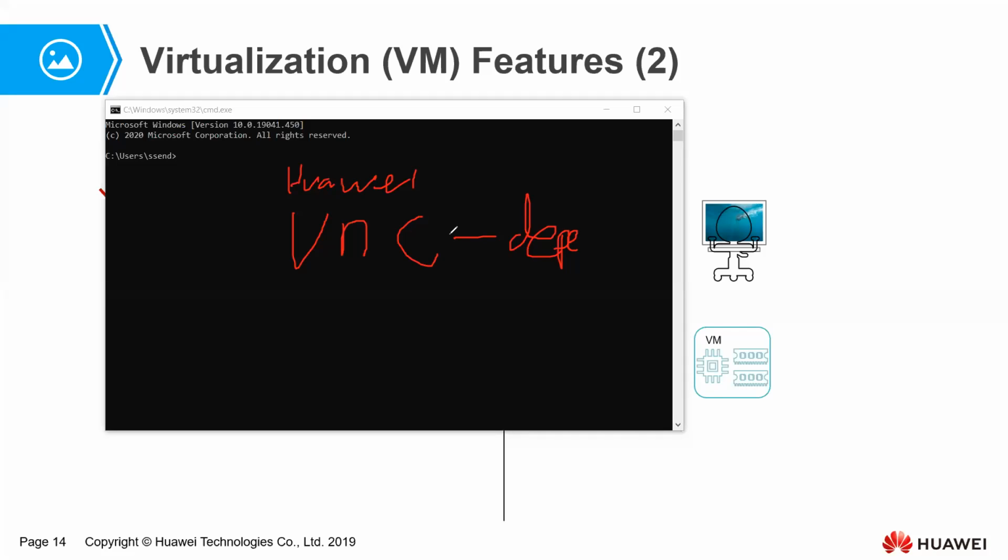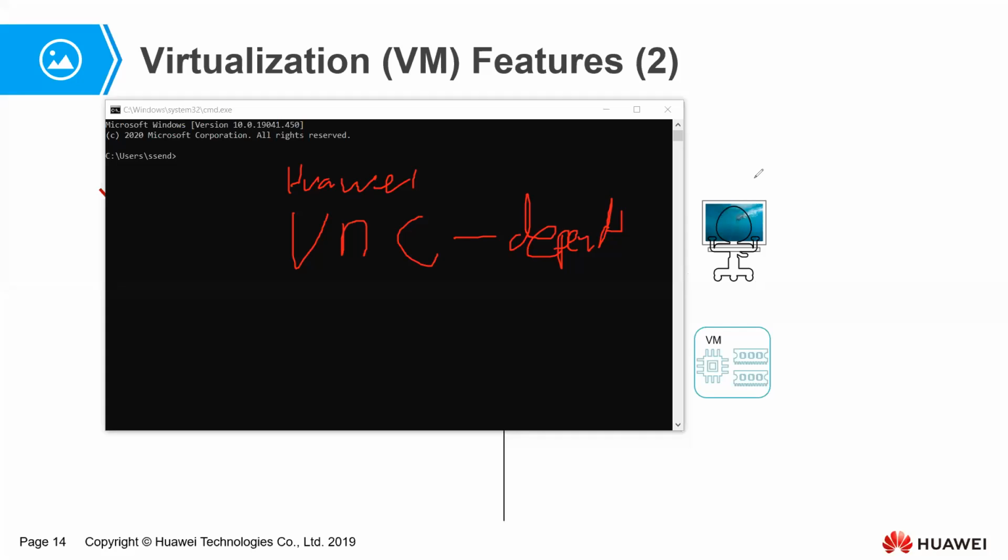So if you need to log into a VM using a console, you do not need to configure an IP address for the VM, but you must configure an IP address for the compute node where the console is located.